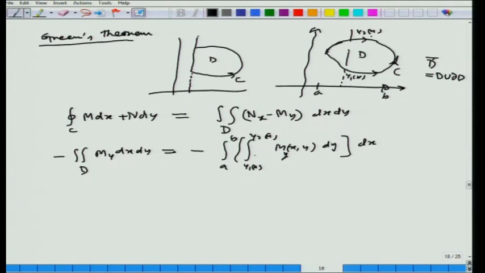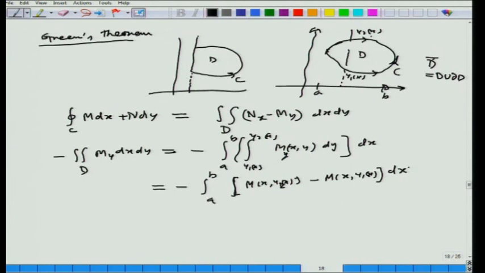Here the differentiation and integration will cancel each other and will give the values at the endpoints: M(x, y2(x)) minus M(x, y1(x)) dx.